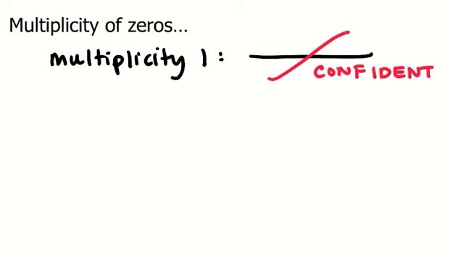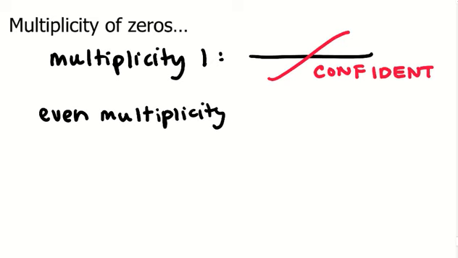If it has even multiplicity, 2, 4, 8, 100, it's going to bounce at that corresponding root.